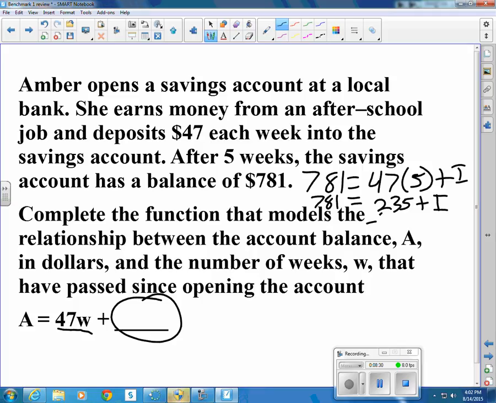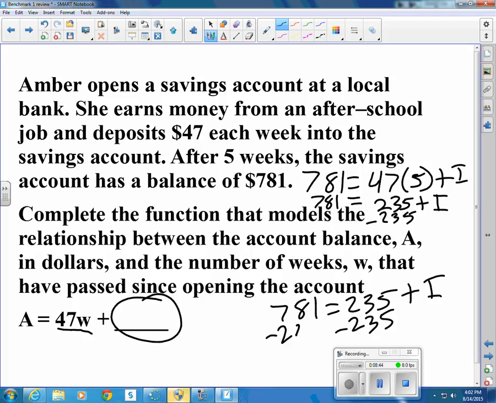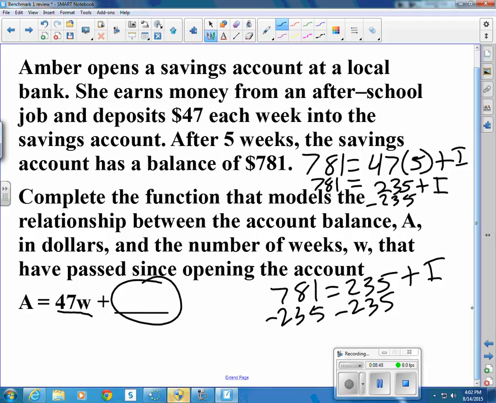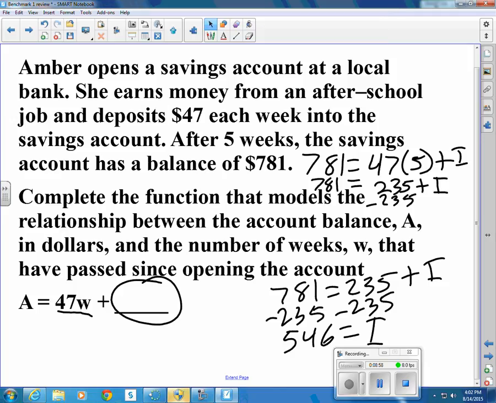So if I subtract 235 from each side, so let's write this over here, sorry. So that says 546 is equal to the initial amount. So that's what we were trying to find, was the initial amount. She had $546 to start with.